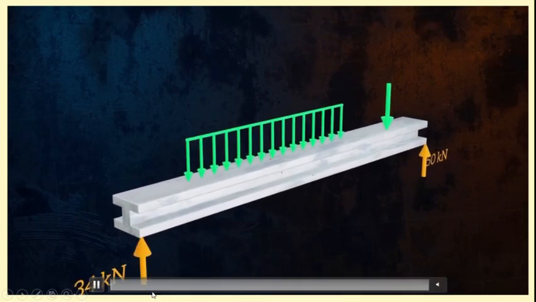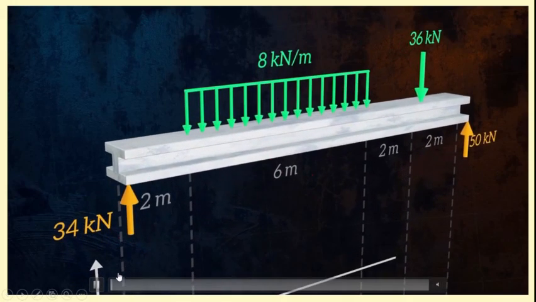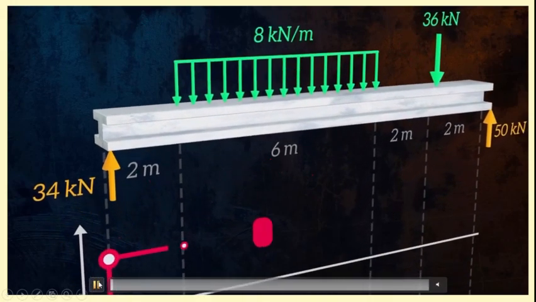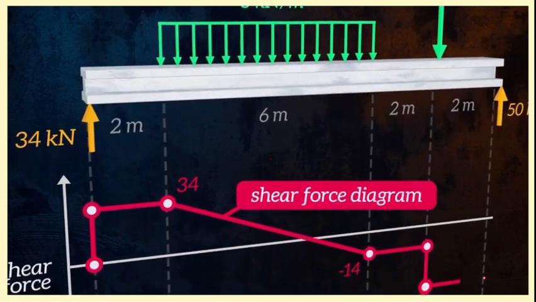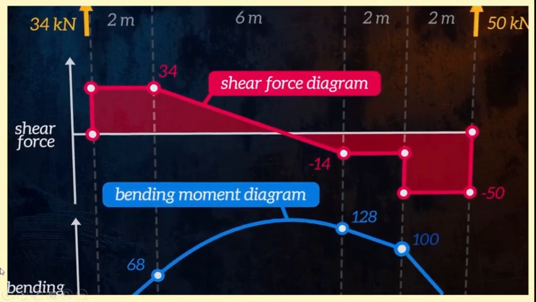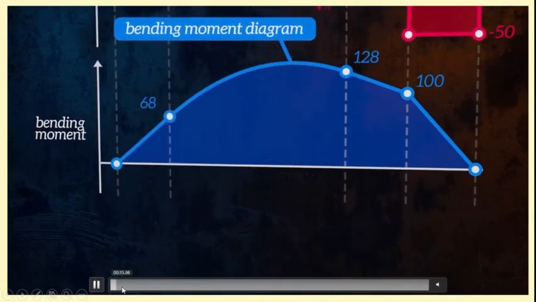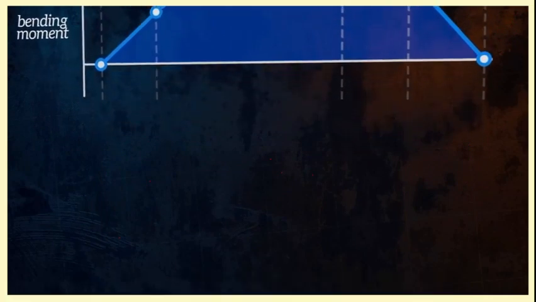You can see that this one is an example problem of calculating the shear force diagram and bending moment diagram. I discussed how this load is applied on the beam and how it may fail.